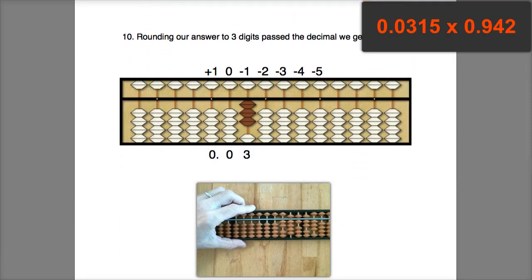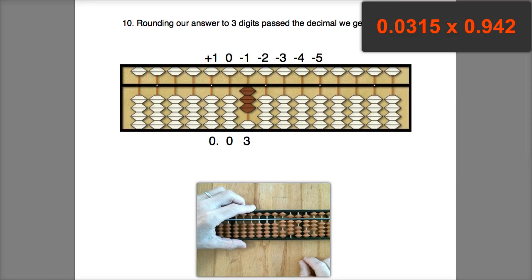We are just simply by convention going to round our answer to 3 significant digits beyond the decimal point. So here's our unit rod, which is where our decimal lies, and then our answer would then be 0.029673.